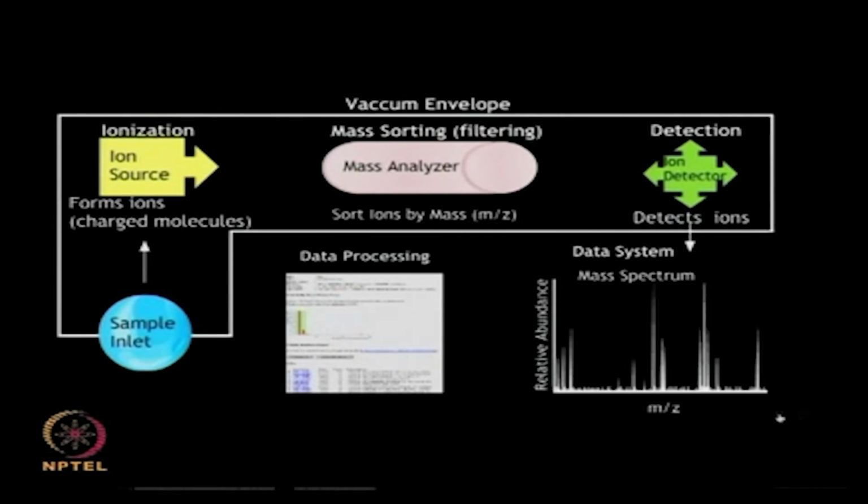Ionization source. The ionization source is responsible for converting the analyte molecules into gas phase ions in vacuum. The ionization source enables ionization which can be further integrated with the mass analyzers.